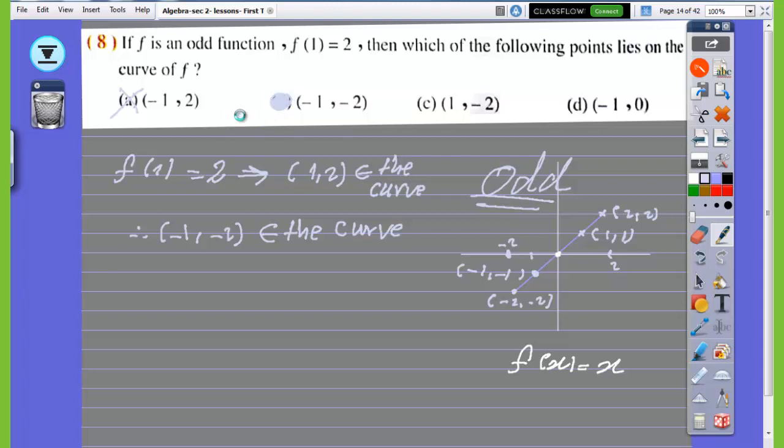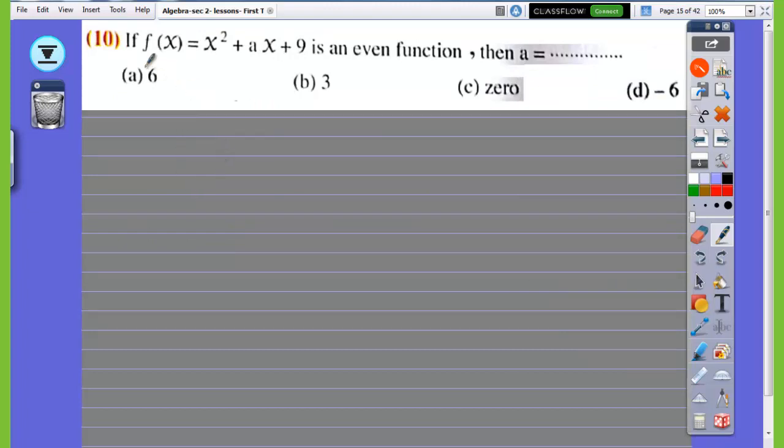Next question. Here f of x equals x squared plus ax plus 9 is an even function. Then a equals? Here f of x is an even function. f of x equals x squared plus ax plus 9 is an even function.